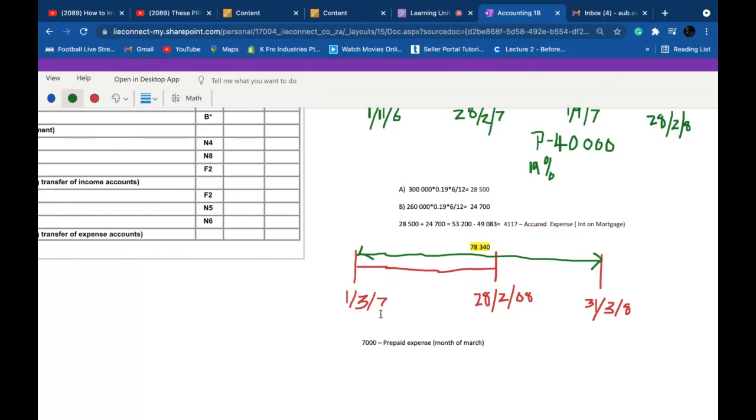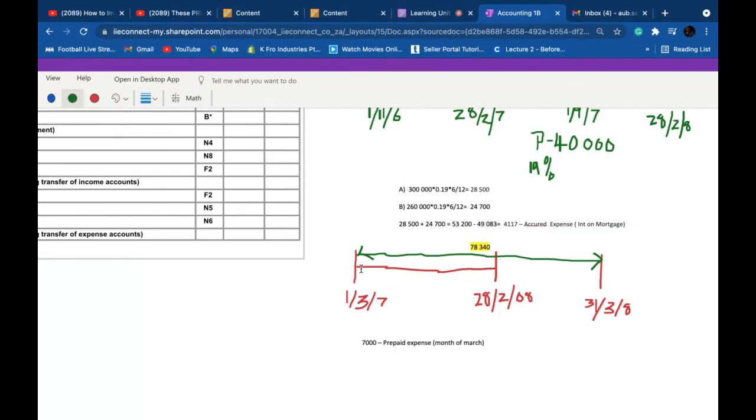Can you see that? But we only are interested in up to the 28th of February.